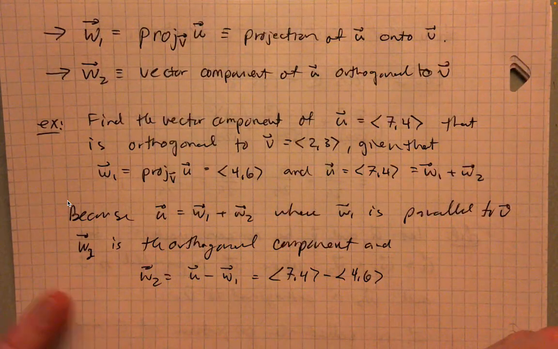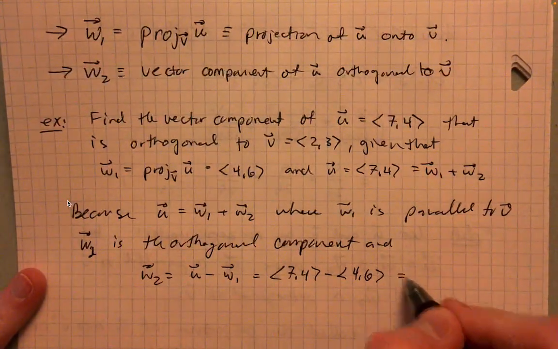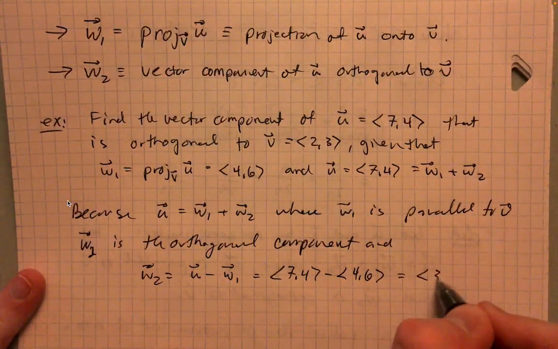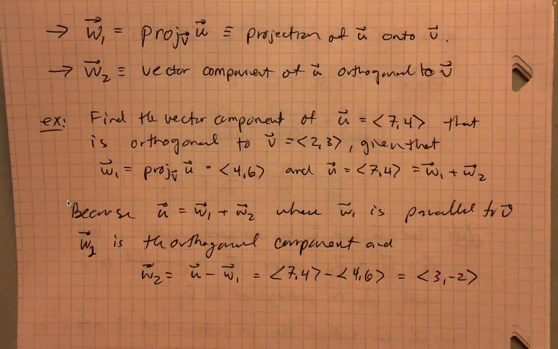So this is just basically a subtraction problem. So that's just going to be 3, negative 2. Okay, so W2 poses no problem. It's easy to find W2 once you've found W1, right? Once you figure out what the projection of U onto V is.